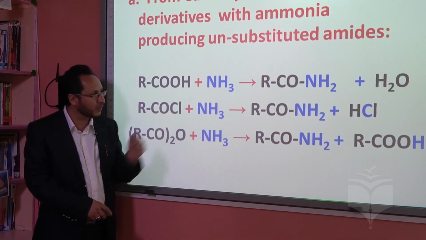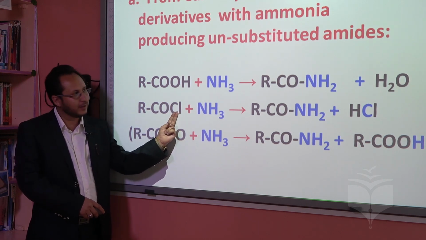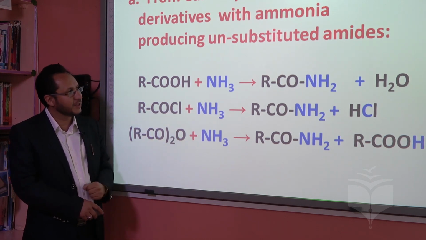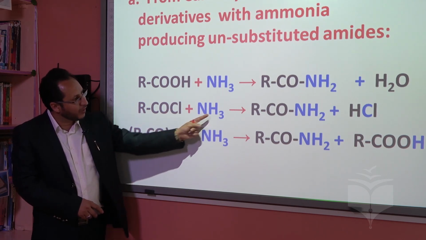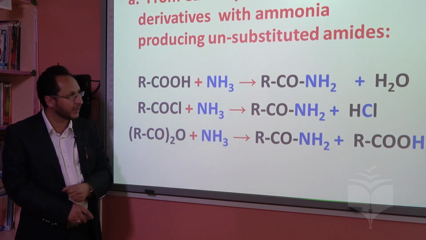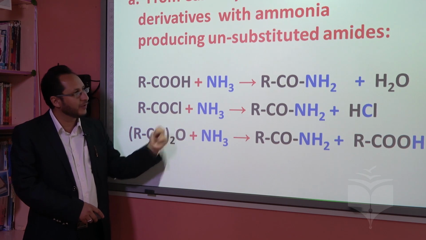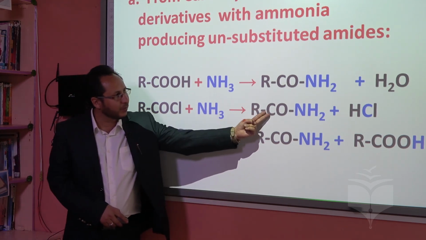If we have acid chloride, instead of OH, you have to replace Cl. So Cl is removed with a hydrogen atom. We have HCl as a side product. What remains here? Two hydrogen atoms instead of Cl, so the same compound.